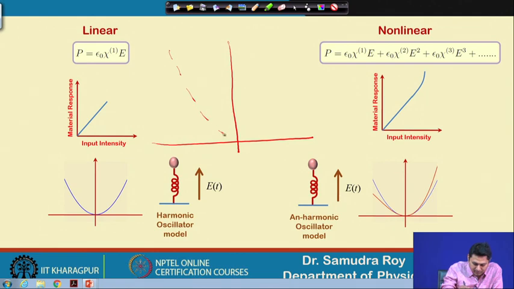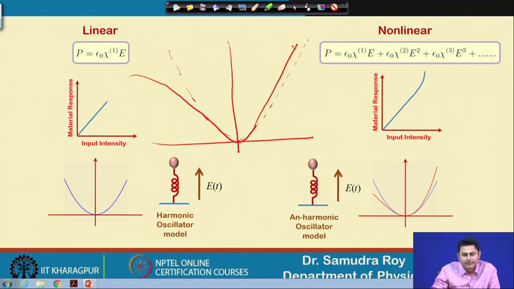This is the potential related to the harmonic oscillator. For the anharmonic oscillator, this solid line will be something like this. There will be asymmetry, and if I write this in terms of x, then the potential V of x will be something like this.